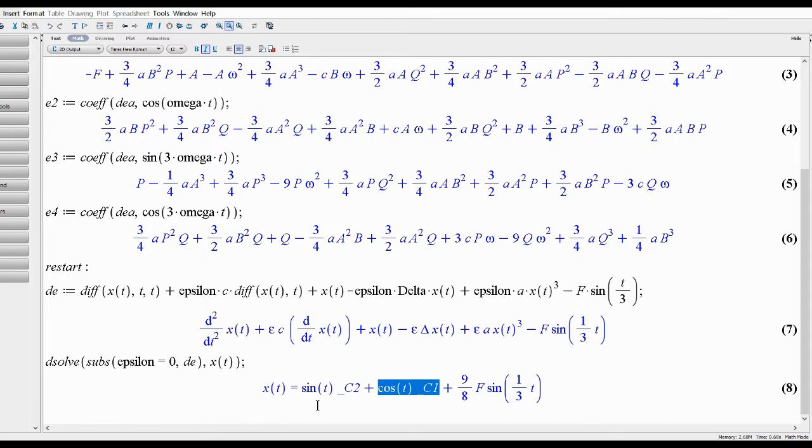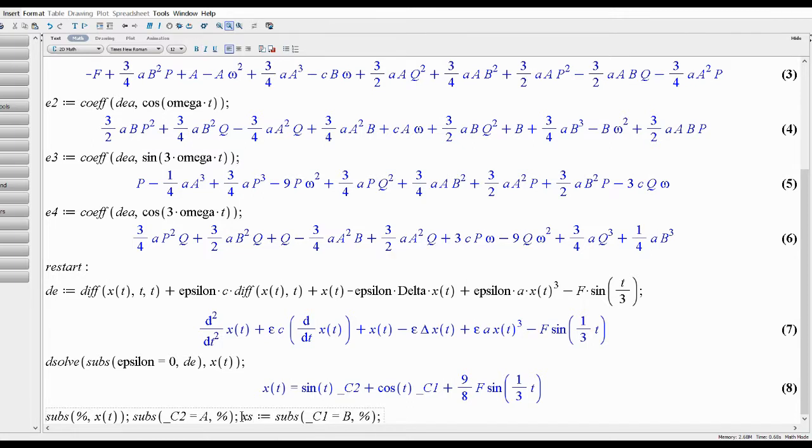So what I will do here is I will say substitute the previous into x of t, then substitute C2 equals a in the previous, and substitute this one equals b in the previous, and I will call this xs.